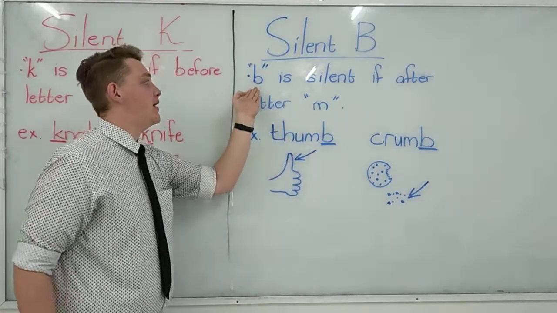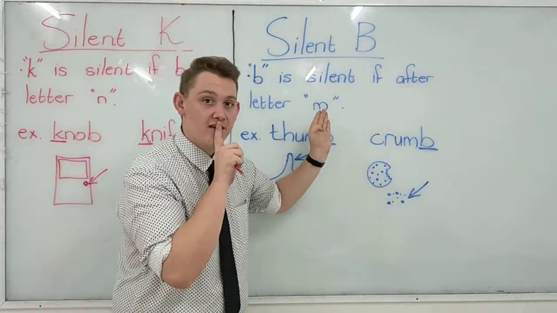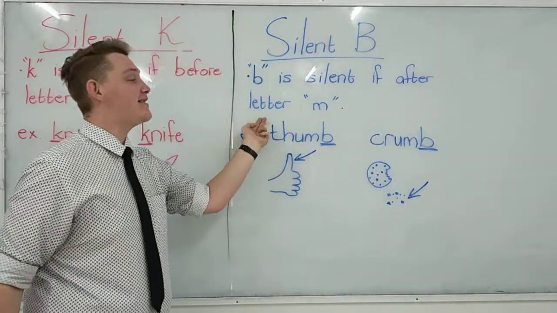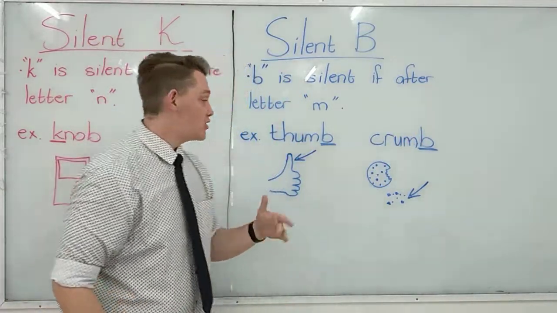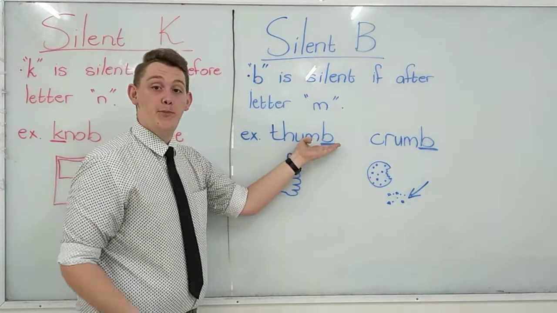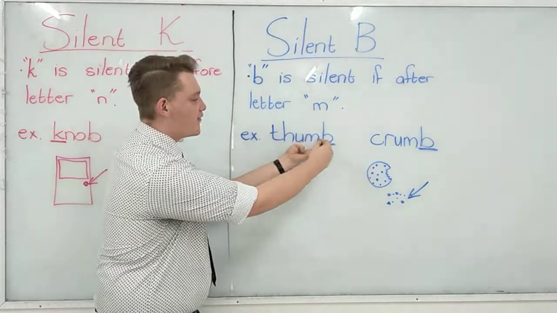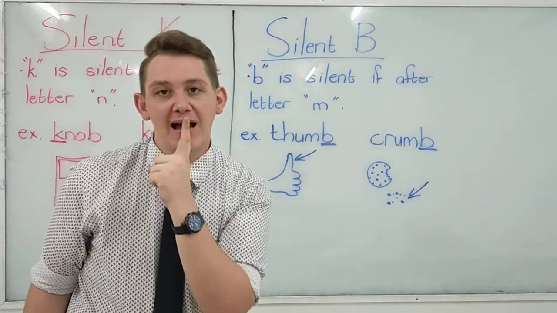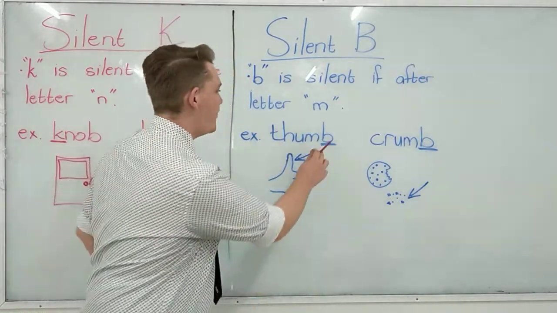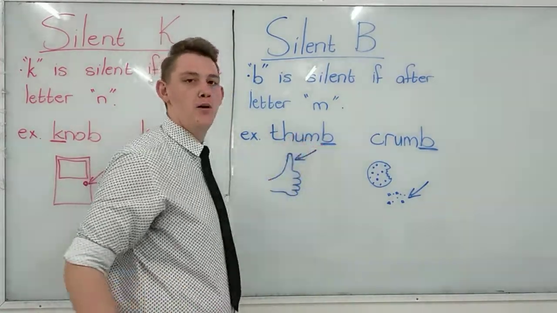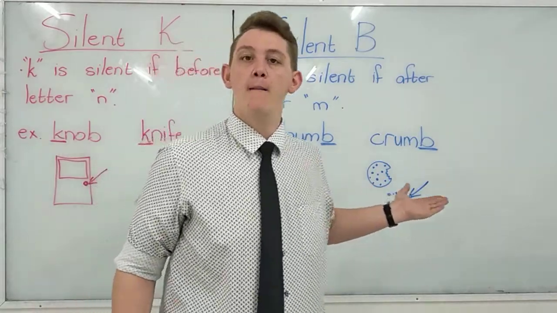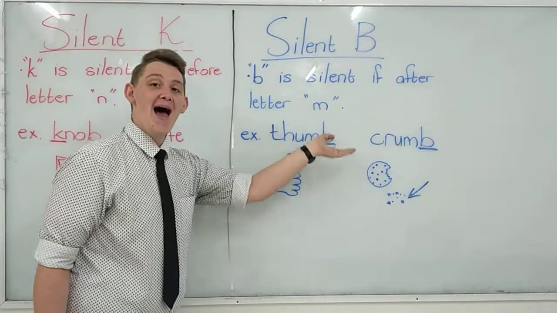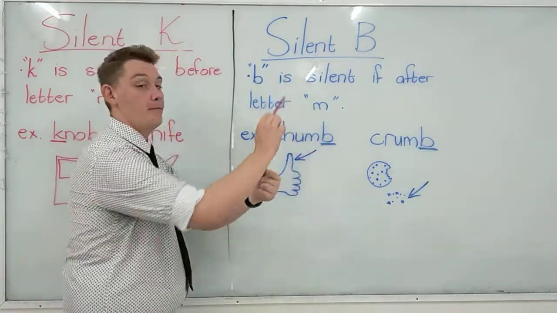So the letter B is silent if after letter M. So now, if the letter B is after letter M, it's a silent sound. But if letter B was before M, the letter B would make B, B. But now it's after the letter M.